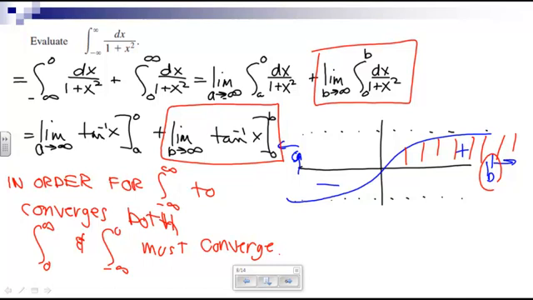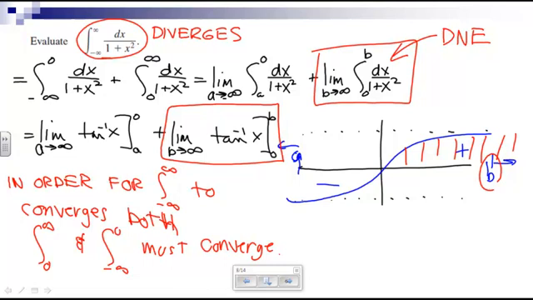It is an infinite amount of area. If that's true, this limit does not exist. And therefore, this integral diverges.